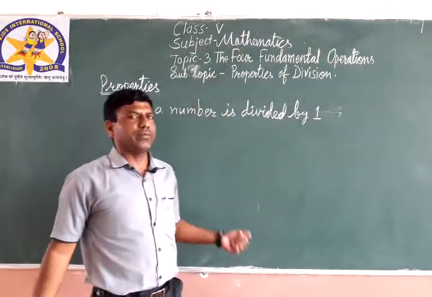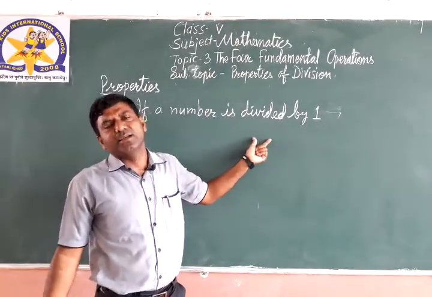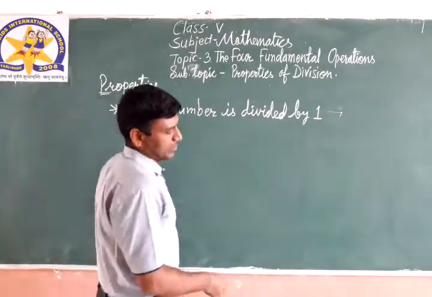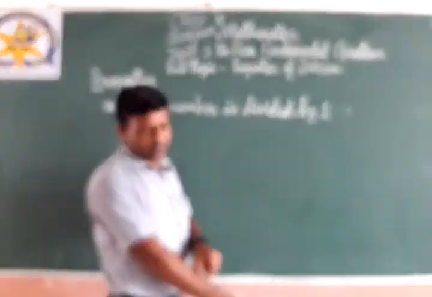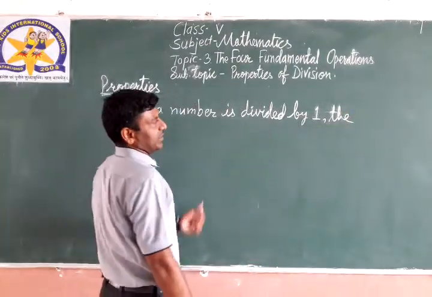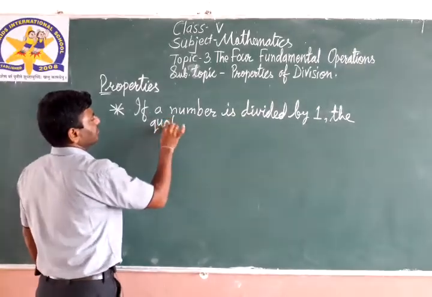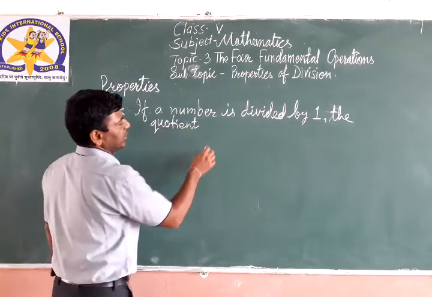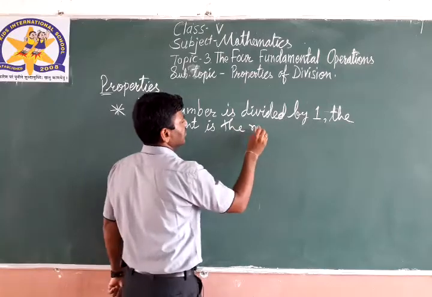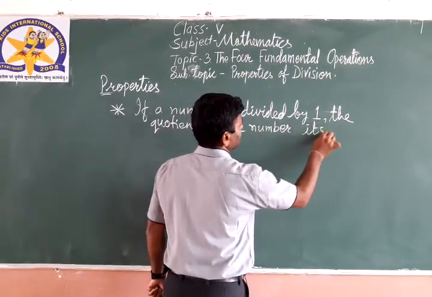If we divide a number by 1, then the answer, or we can say the quotient, is the number itself.